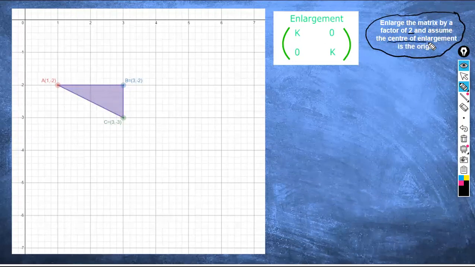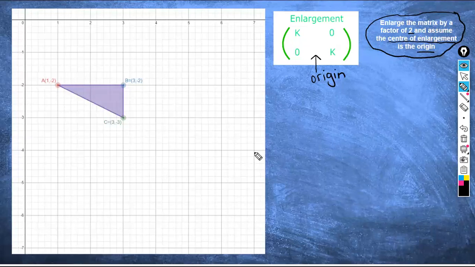He said the center of enlargement is the origin. This formula only works if the center of enlargement is the origin. So the examiner has to use the word origin. If the center of enlargement is not the origin, please do not use this formula. If the center of enlargement is not the origin, you have no choice but to use the draw-in method.